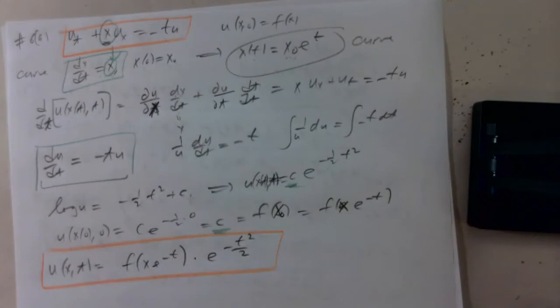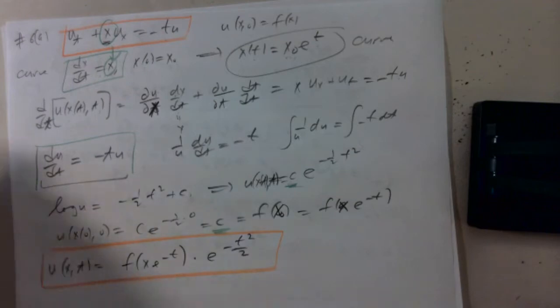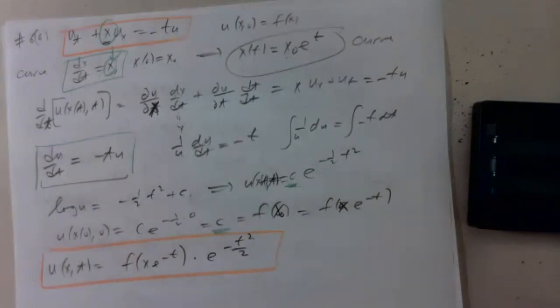So you might do the following right now. Take a piece of paper, take the partial of u with respect to t, take the partial of u with respect to x, plug it into this equation, and see if it really is the solution. That is what you should do. Check it out, see if it works.